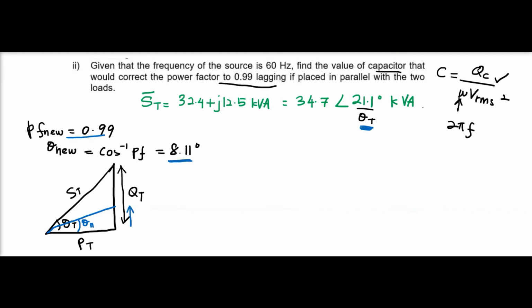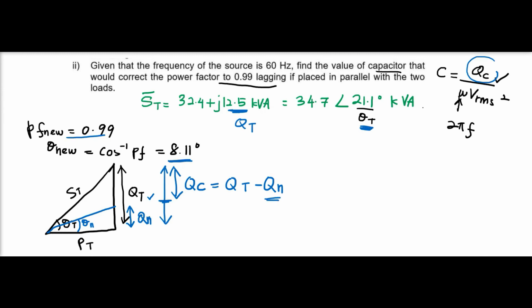Here is Q new, and to get QC, you can see how QC relates to Q total and Q new. QC is here, so QC equals Q total minus Q new. Q total you know from before.